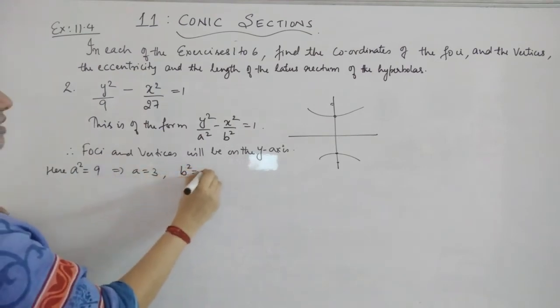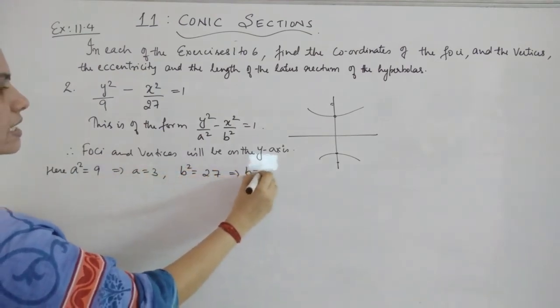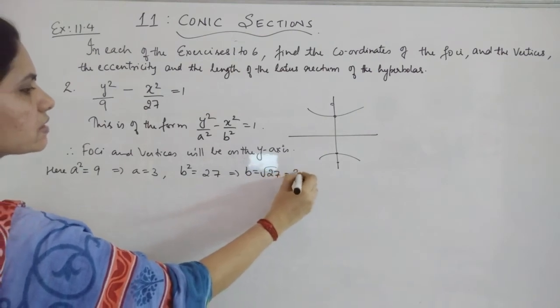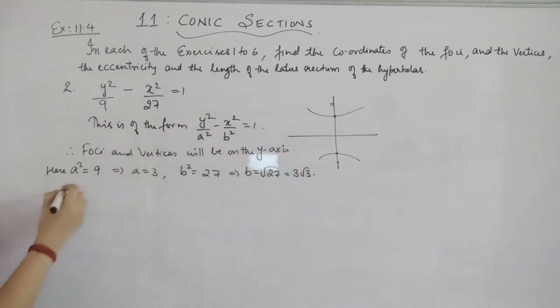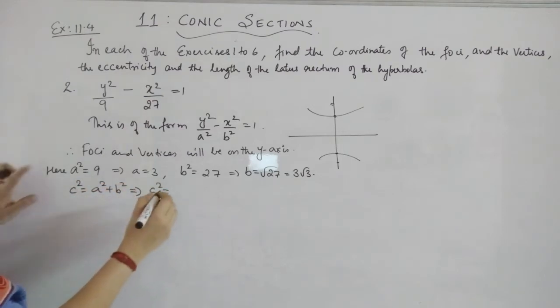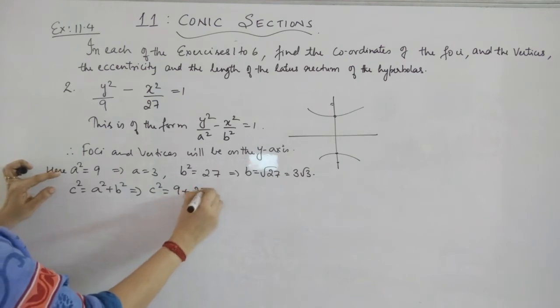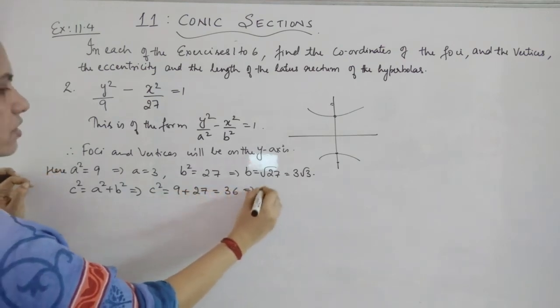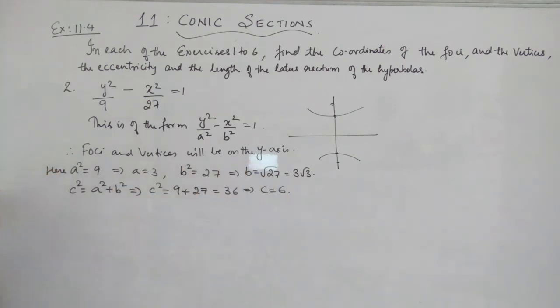Again b square is 27, so you will get b as root 27, which is 3 root 3. Now what is c square? It is a square plus b square. So c square is 9 plus 27, 36, or c is equal to 6.